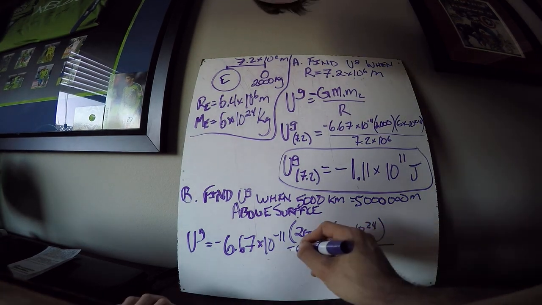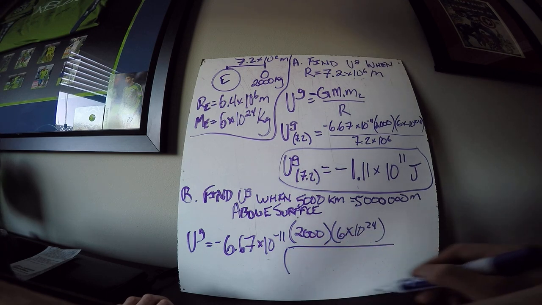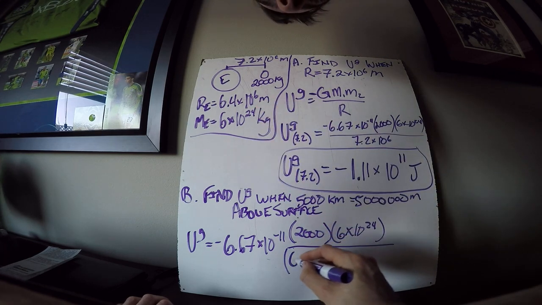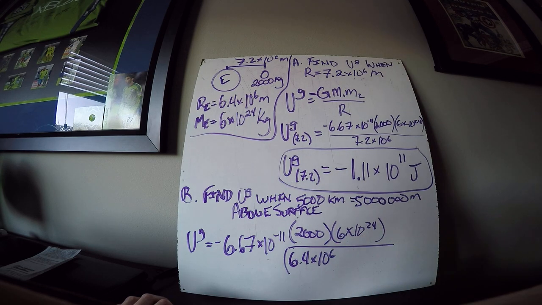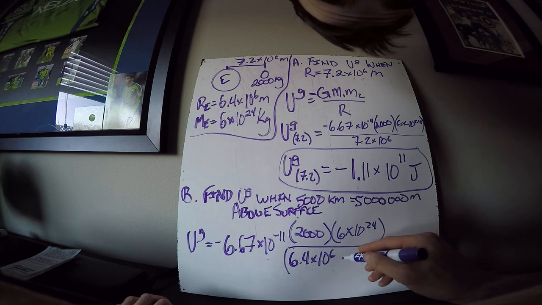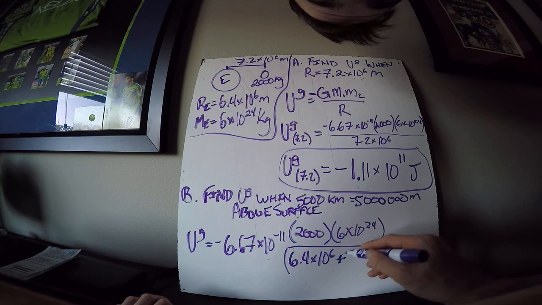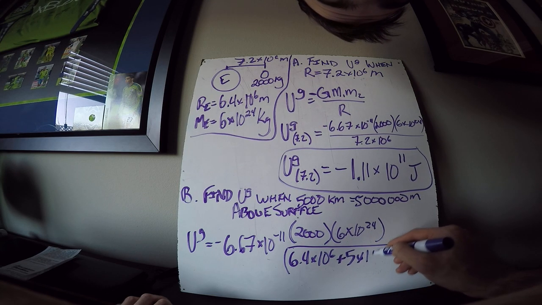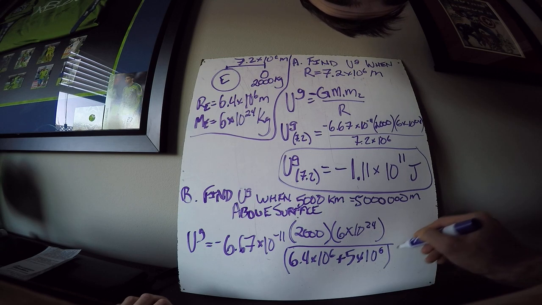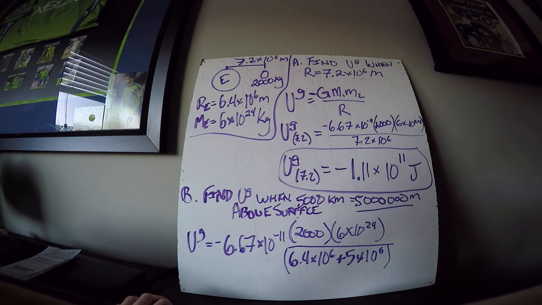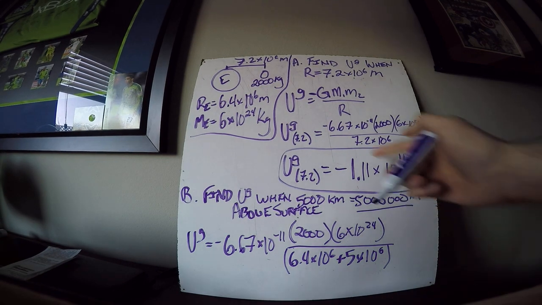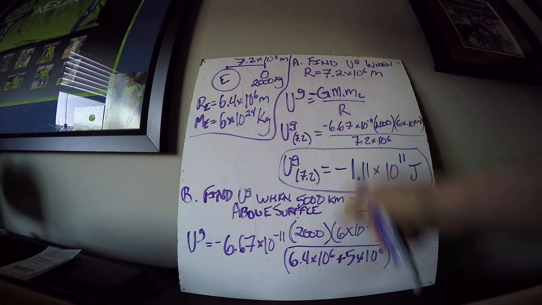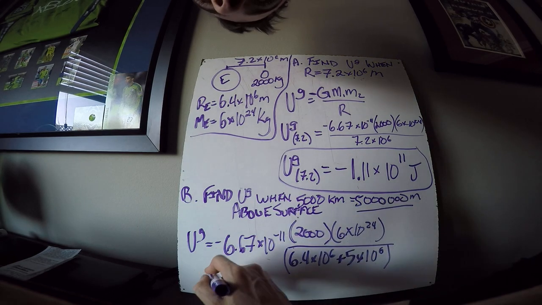And the radius this time is our 6.4 times 10 to the 6th, adding that to the 5 times 10 to the 6th right here. So now we're a ways higher. Now we're going higher or farther away.